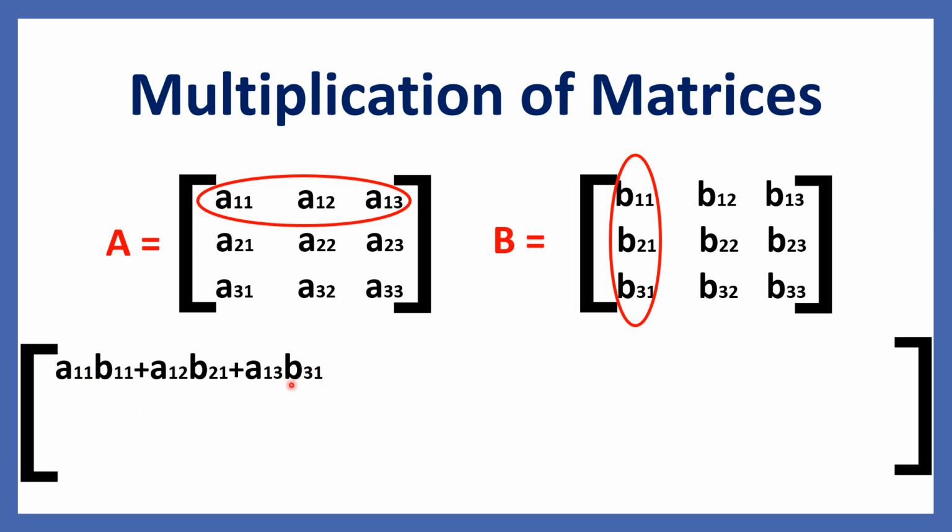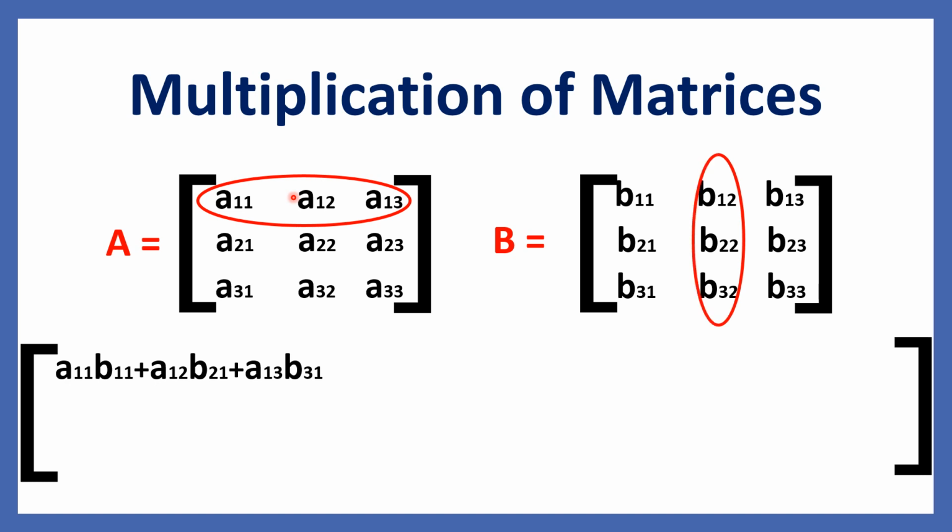The resultant matrix is this, and this is only the first element of that matrix. When we multiply these and add all these values, we get only the first element lying in the A11 position of this matrix. And then for getting the first element of the second column, we have to multiply the first row of the first matrix with the second column of the second matrix.